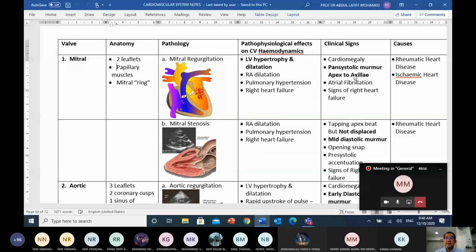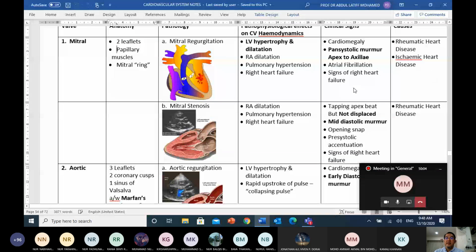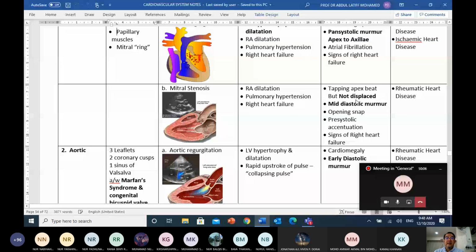So the murmur is called pansystolic murmur, and this is for mitral regurgitation. Also, you will have in mitral stenosis a mid diastolic murmur. Then you will have in aortic regurgitation early diastolic murmur. Okay. These are all important murmurs that will be asked in your clinical years.